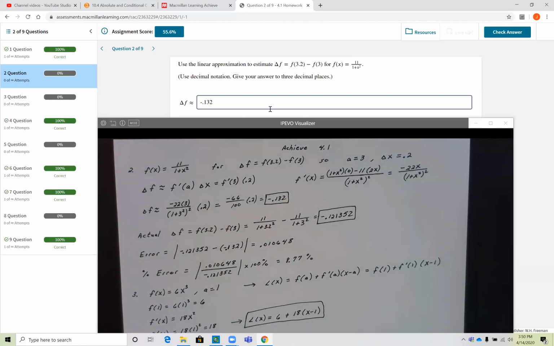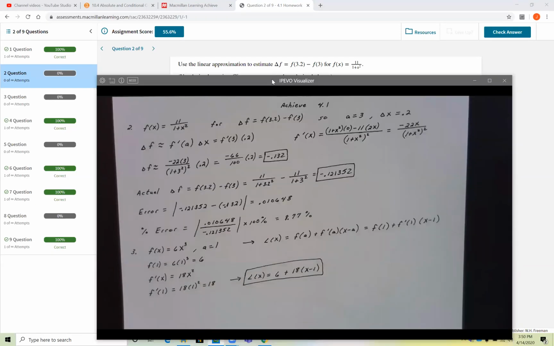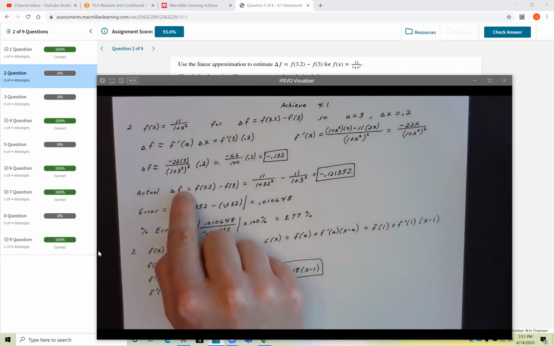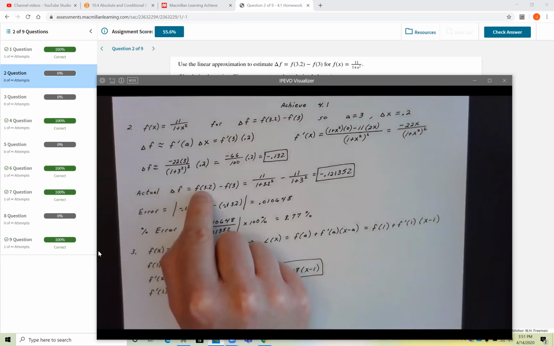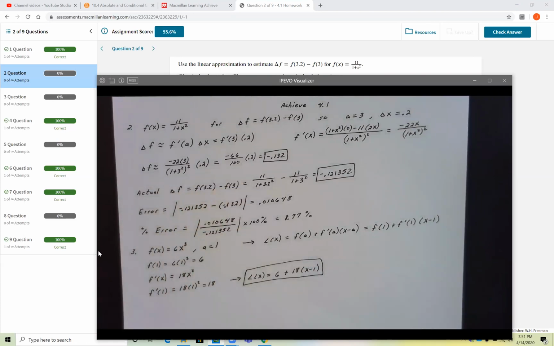Now I move on to the next step in this problem. It's wanting to know what the actual change is. Well, the actual change is just when you plug 3.2 and plug 3 into the original function. So the actual change of my function, delta f, is nothing more than f evaluated at 3.2 minus f evaluated at 3.